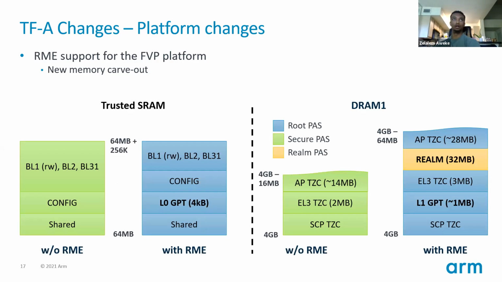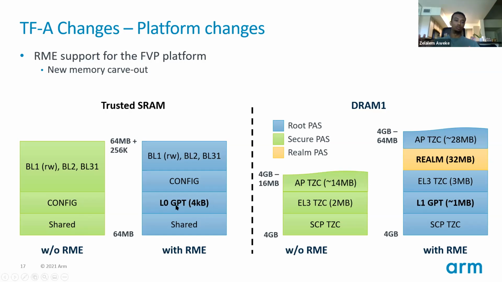We need a new carve out for RME support. Here I'm comparing what we currently have and what we will have when we enable RME, both for the trusted SRAM and the DRAM. In the trusted SRAM, we have a new data structure, the L0 GPT.